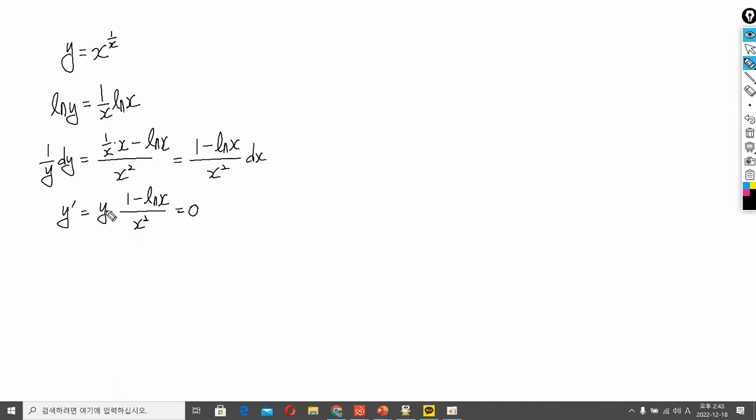Because y and x squared are both positive, the 1 minus ln x is 0. So in this case, ln x is equal to 1, so x is the natural base e. That's about 2.71. So at this point, when x is equal to the natural base e, this graph has the maximum value.